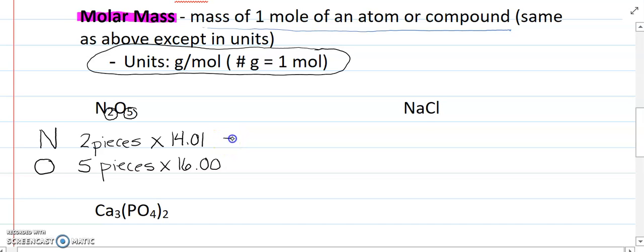And if I punch that into my calculator, I'm going to come out with 28.02. And if I punch this into my calculator, I'm going to have 5 times 16. Oops, put an equal sign here. And 5 times 16 is going to come up to be 90.